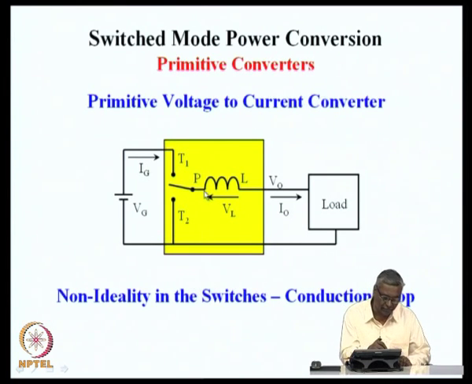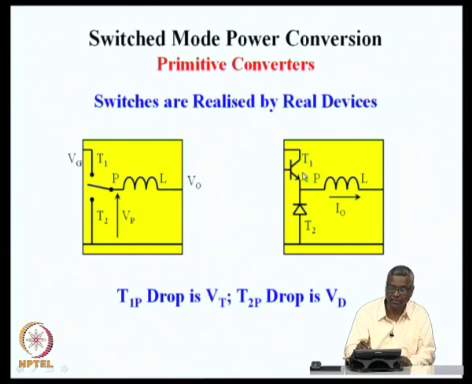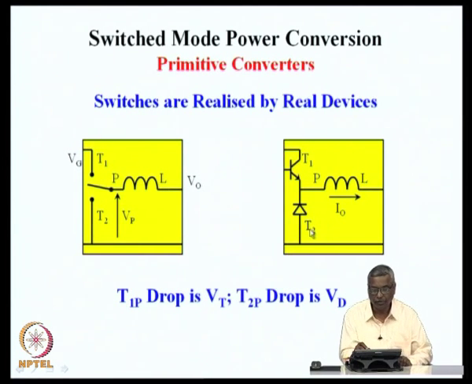In a real converter, these switches T1P and T2P are realized by a transistor switch or a MOSFET switch, what you see here, and a diode. T1P is realized by an active switch, which can be a bipolar junction transistor or a MOSFET or an IGBT, and the switch T2P is a passive switch.